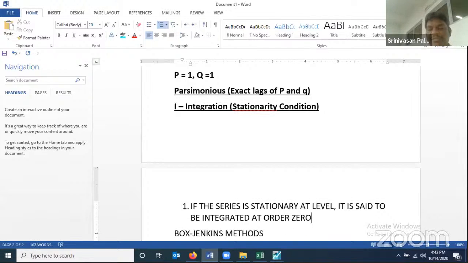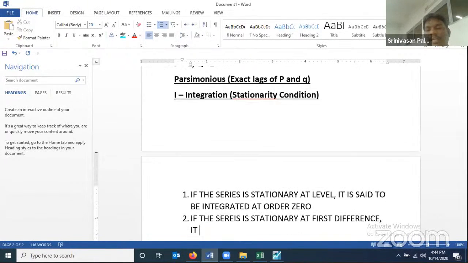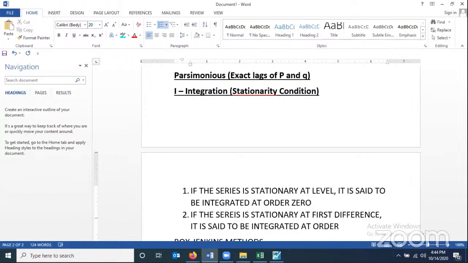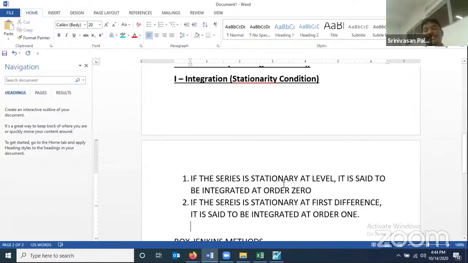Please make a note, this is 0. Second, if the series is stationary at first difference, it is said to be integrated at order? One, sir. Order 1. Good, I'm just testing. So this is the condition.